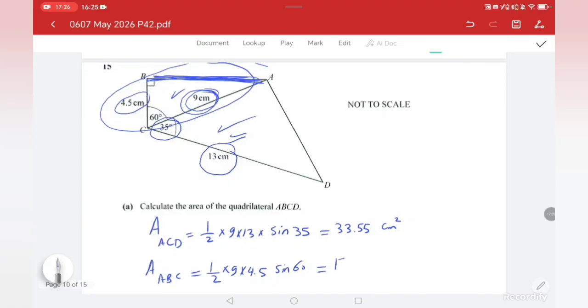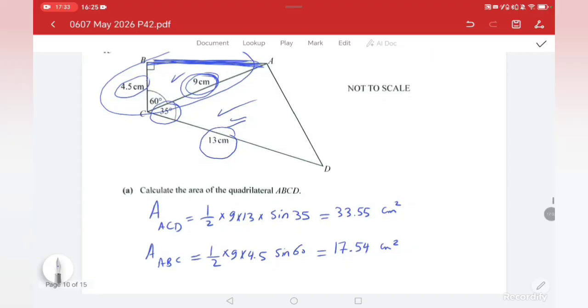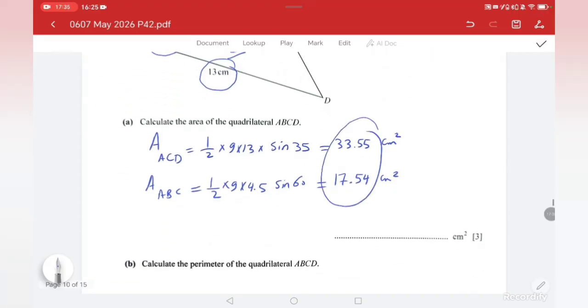So this one is 17.54 centimeters squared. So now just add these two to write the final answer. So the last one plus 33.55. If three significant figures, usually round not the middle steps but the last number. So it can be 51.1. This will be the area of the shape.